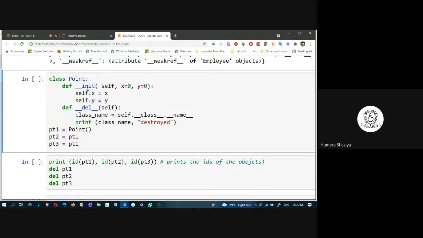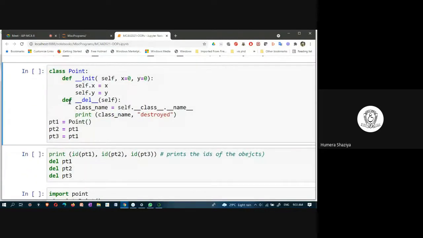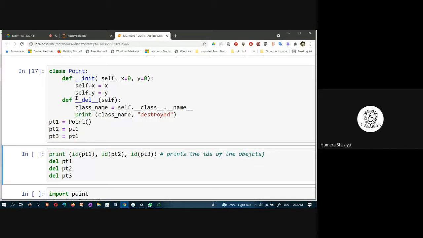This is to demonstrate garbage collection. In order to demonstrate garbage collection, this Point class is created and references are defined when I have executed the Point class.